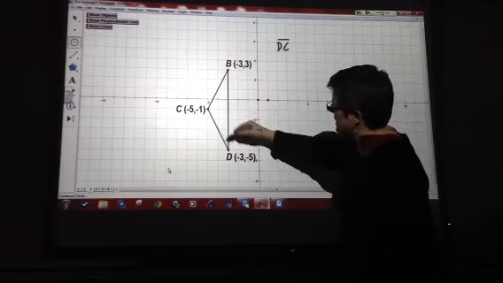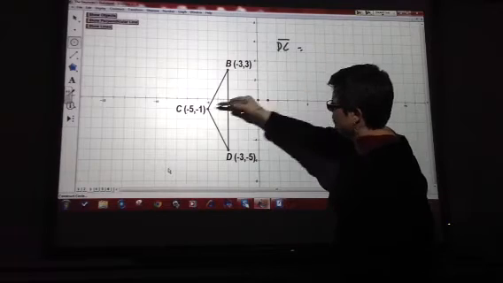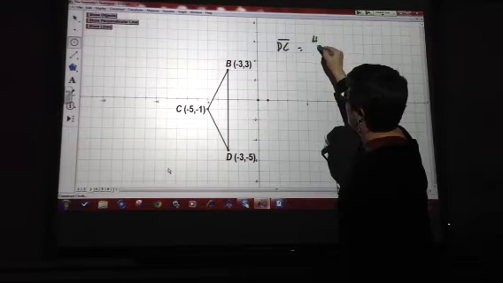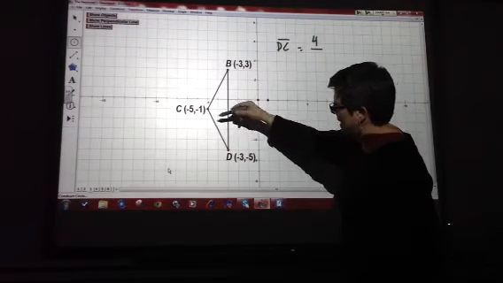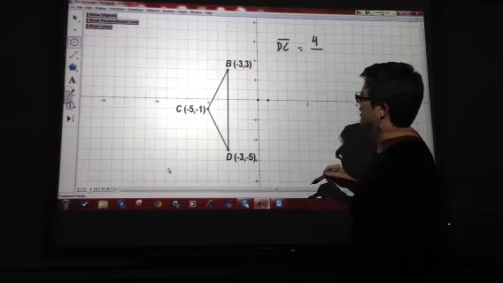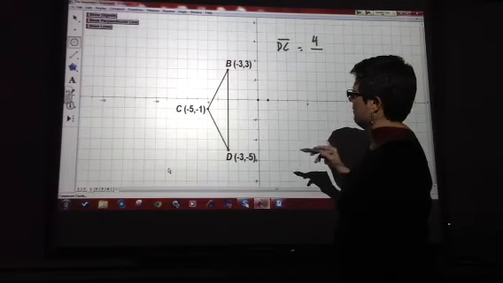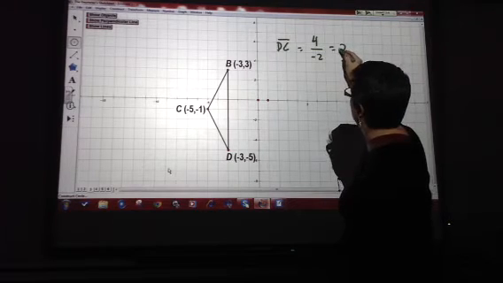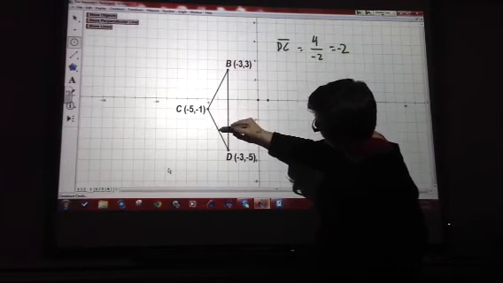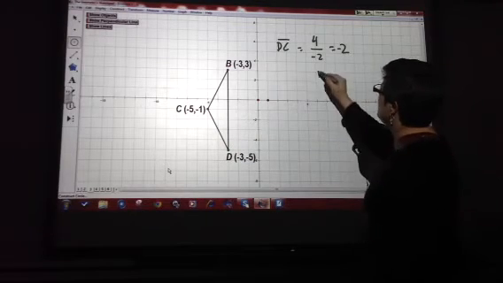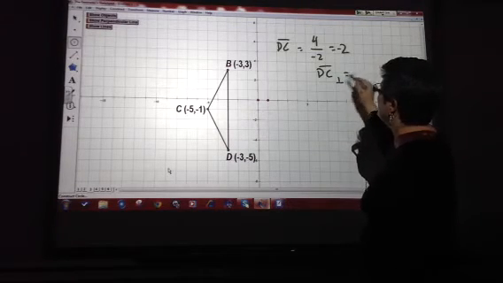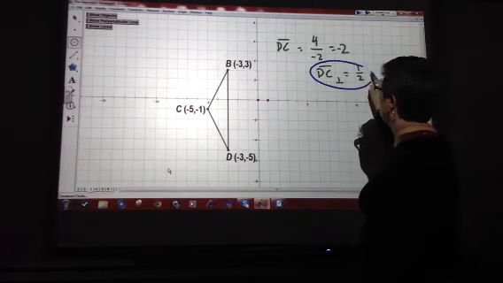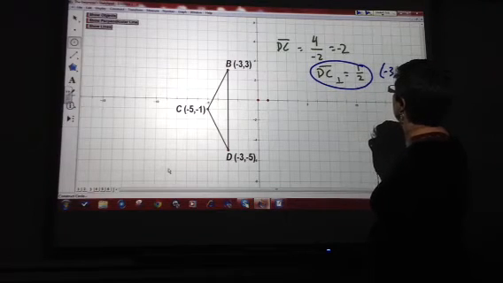So if we look at DC's slope, I could take negative 1 minus minus 5, which is a positive 4, and then minus 5 minus minus 3 is a negative 2. So that slope there is negative 2. And we can see that confirmed here. So the slope of the perpendicular to DC is the opposite reciprocal. So that's 1/2. So I have my slope and I have my point, negative 3, 3.